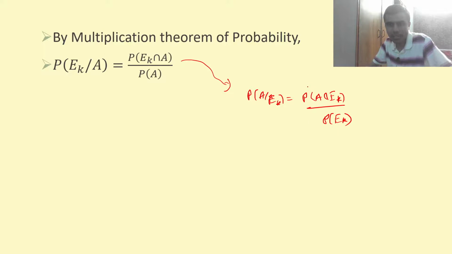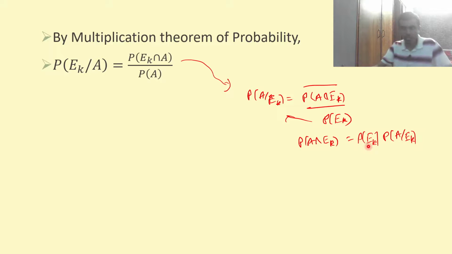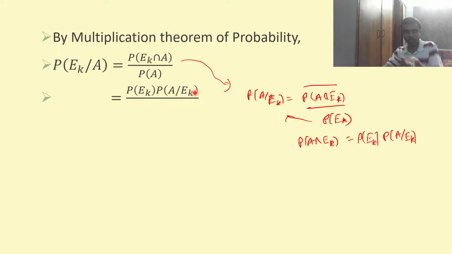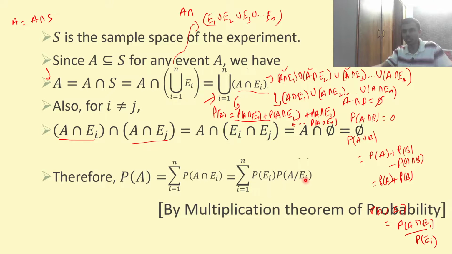So P of A intersection Ek is going to be P of Ek into P of A by Ek. So the numerator is going to be P of Ek into P of A by Ek, and P of A I already told you. P of A is sigma i runs from 1 to n, P of Ei into P of A by Ei.